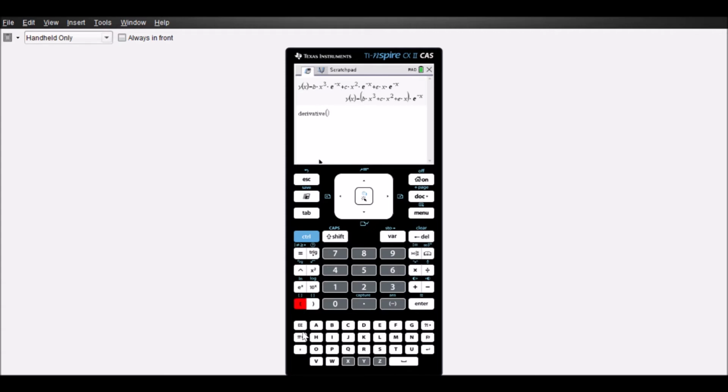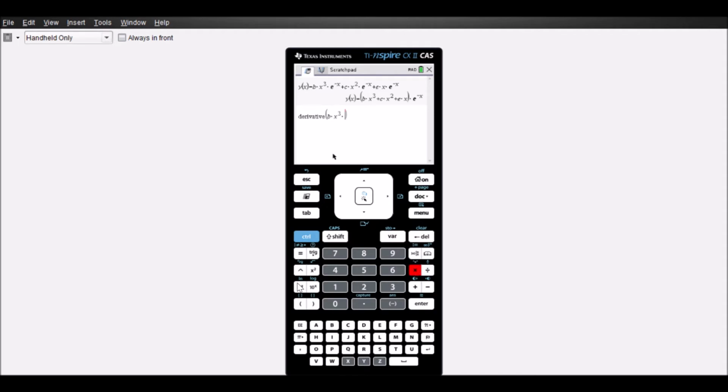And then parentheses. Now we're going to type in our function. And it's very important that you do the multiplication. So we want b times x to the third power. Now the reason it's important to put that multiplication there is if you don't, the calculator is going to read it as bx, one variable, where our variable here is x.